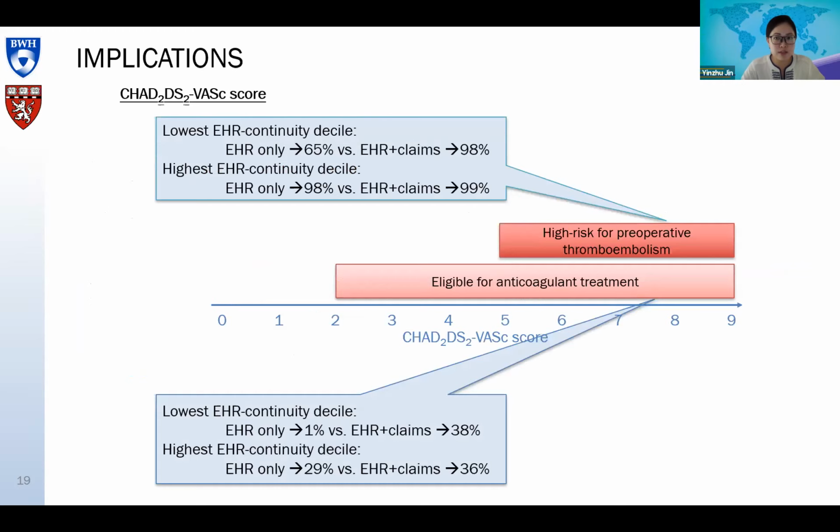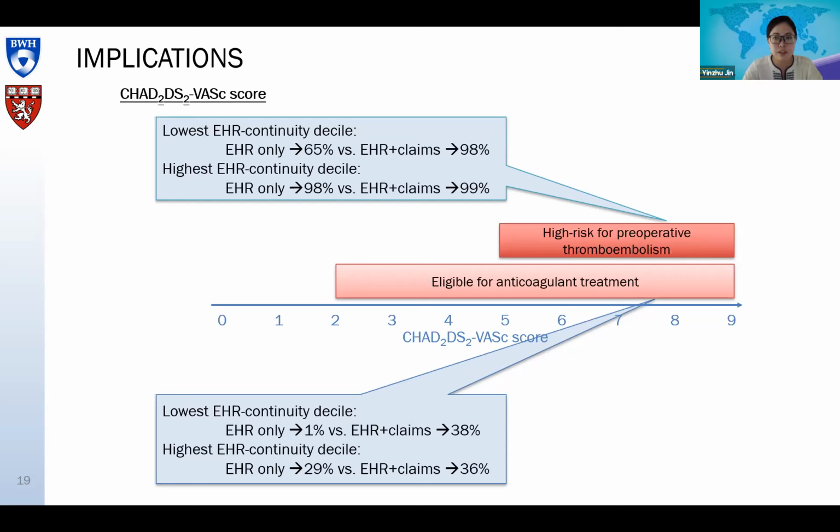The study results have some important implications. For example, among AFib patients, a CHA2DS2-VASc score greater than or equal to 2 is considered eligible for anticoagulant treatment, and those with a score greater than or equal to 5 are considered to have high risk for thromboembolism.